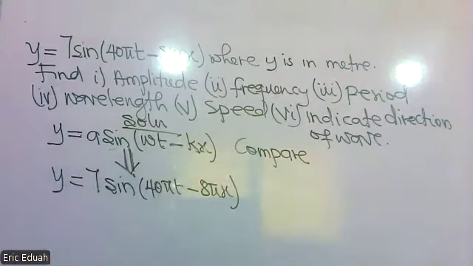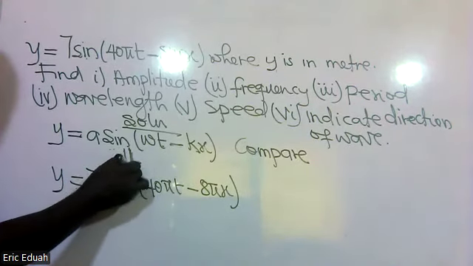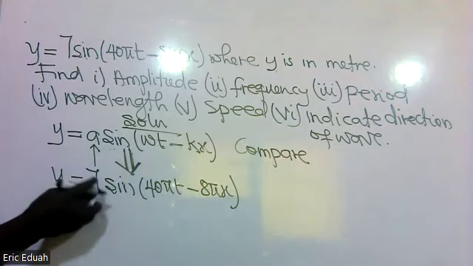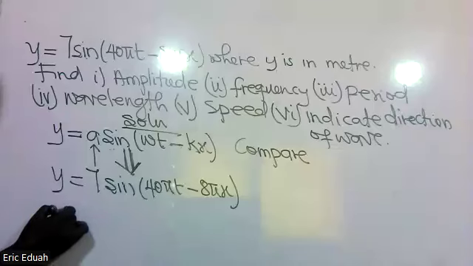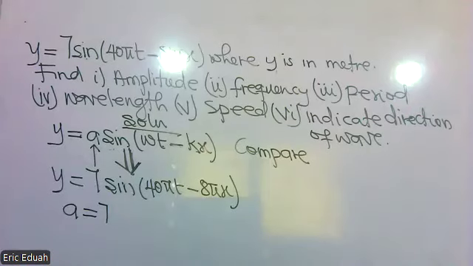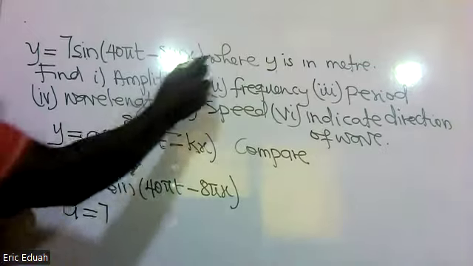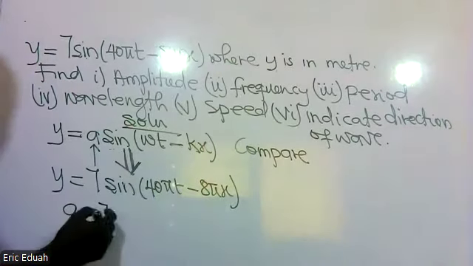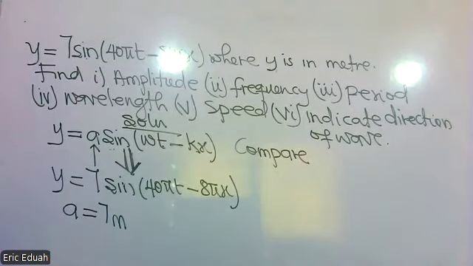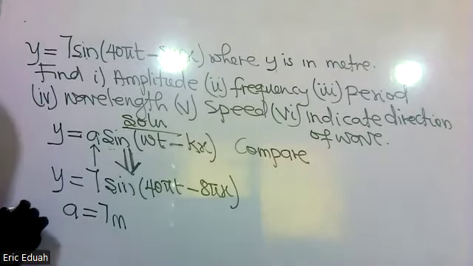Whatever is here will be equal to this. So A straight away is equal to 7. We're told that y is in meter, and A is the amplitude, which is along y. So 7 meter. That's the answer for I.